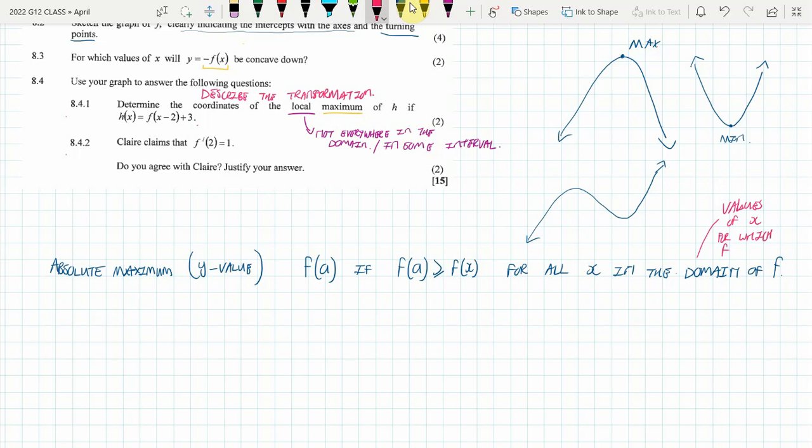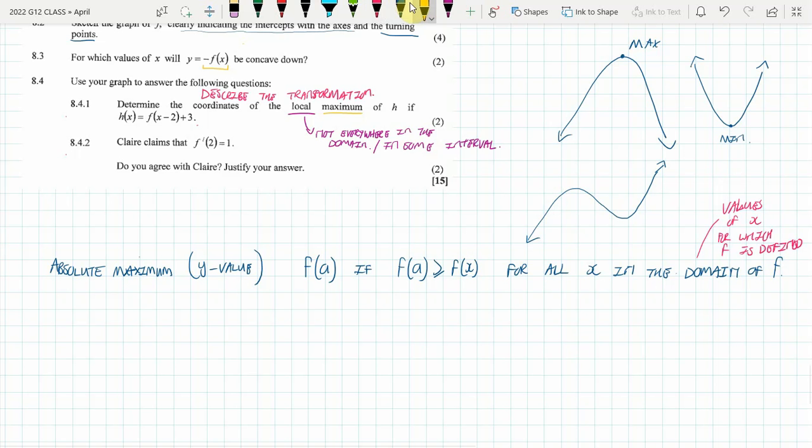Now, if for every x in the domain of f, f(a) is greater than f(x), then f(a) is the absolute maximum.